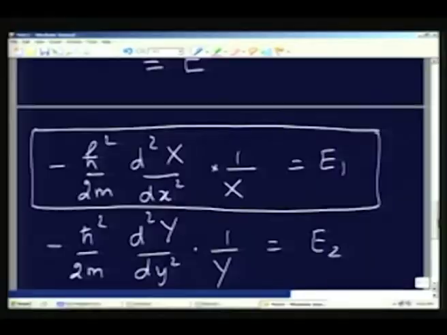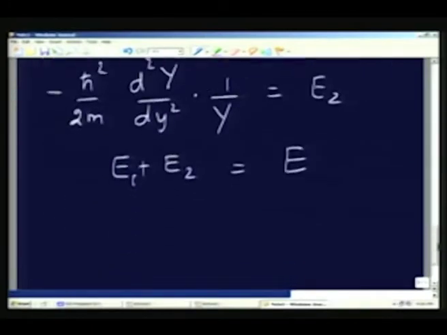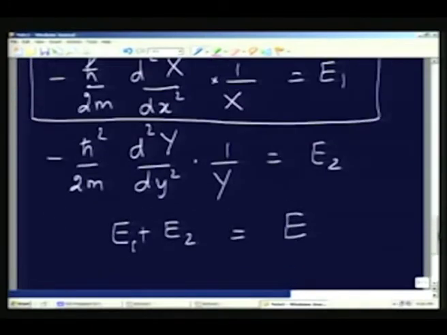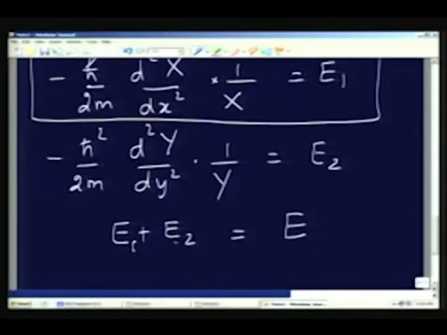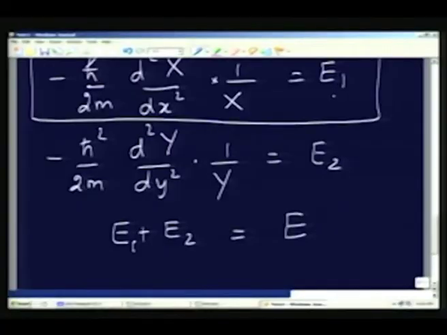Therefore, the solutions of this can be immediately written down, with one exception. Please remember this, that E1 and E2 are each given by independent quantum numbers. You recall that the energy is h square by 8 m L square times n square.